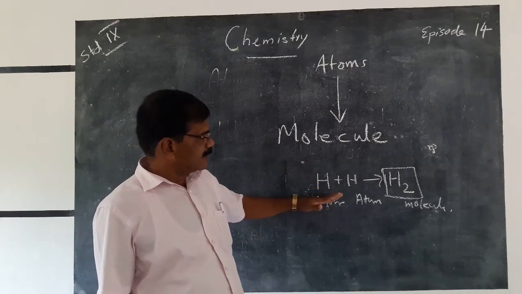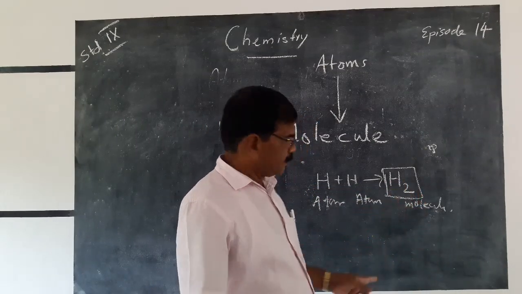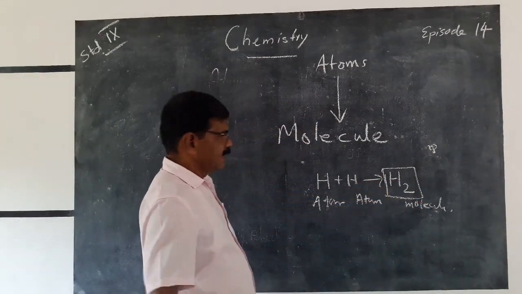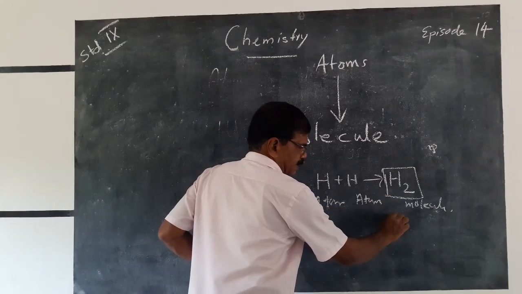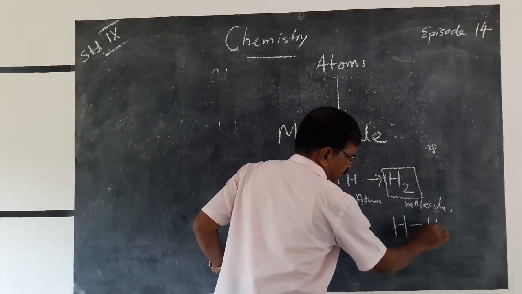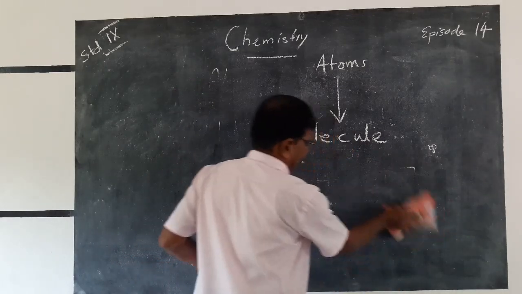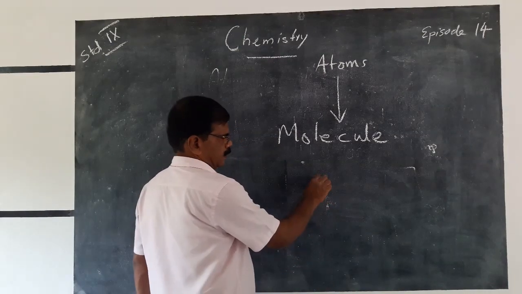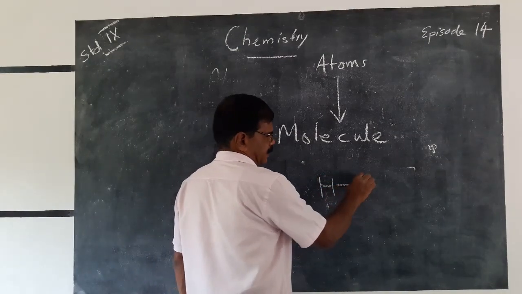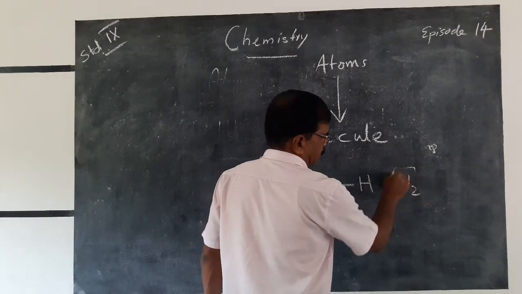So this is a hydrogen atom, this is a hydrogen molecule. How many atoms are here? This is one hydrogen atom and this is one hydrogen atom. Two hydrogen atoms. H2.